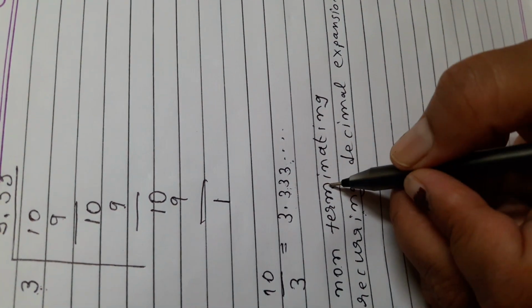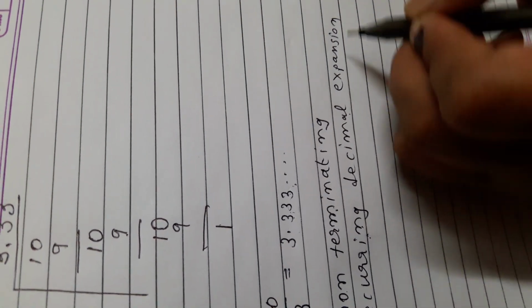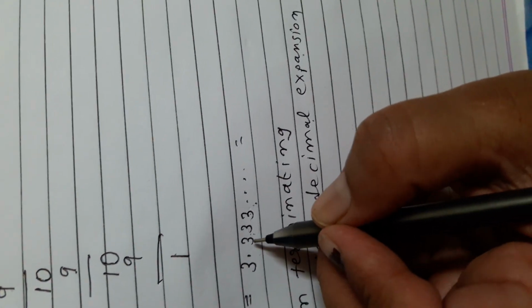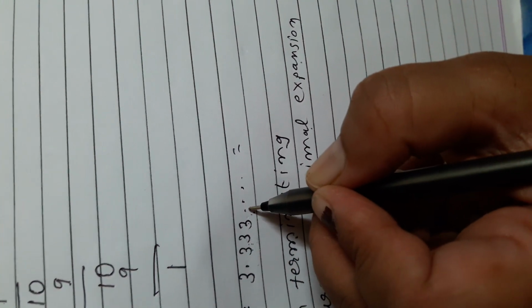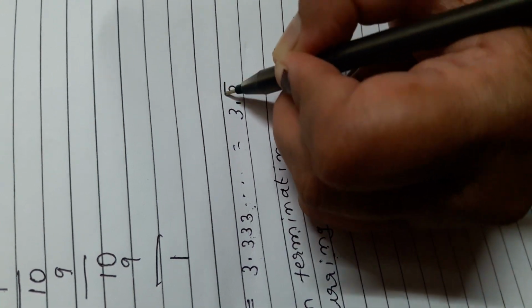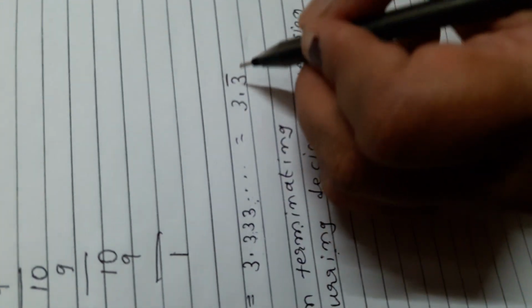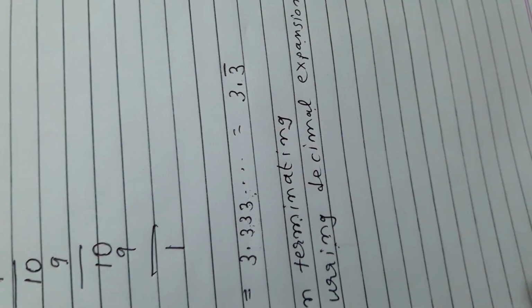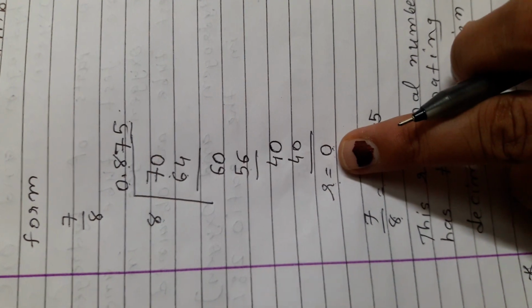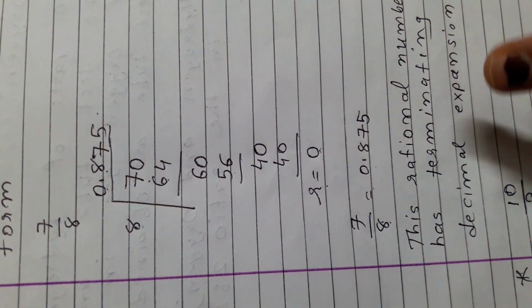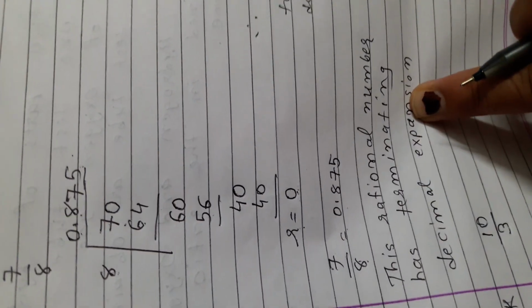So we write non-terminating recurring decimal expansion. So here this number 3.333 is recurring here. So we write 3.3 bar because the 3 is repeating number. So we write 3.3 bar. So when the remainder is 0, then the rational number has terminating decimal expansion.